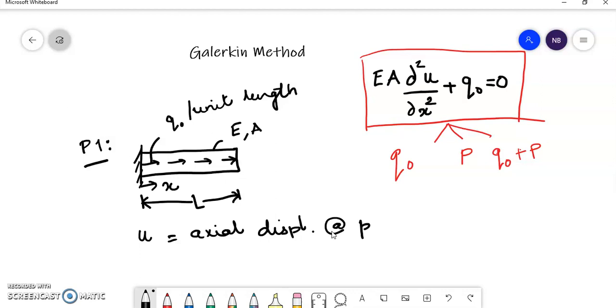at any point x. The governing differential equation of the bar subjected to only distributed axial load Q naught is given by the same equation we have written above.